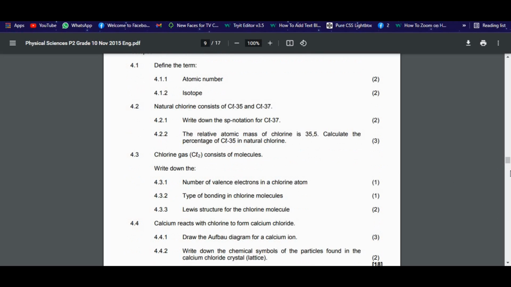They want to know the relative atomic mass of chlorine. They say now the relative atomic mass of chlorine is 35.5. Write down the percentage of chlorine-35 in natural chlorine. So there's more than one way to do this, but I'm going to do the one that's obviously the most simple to possibly understand.